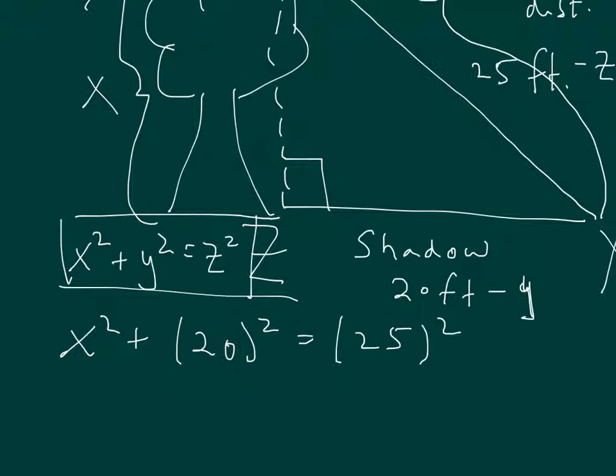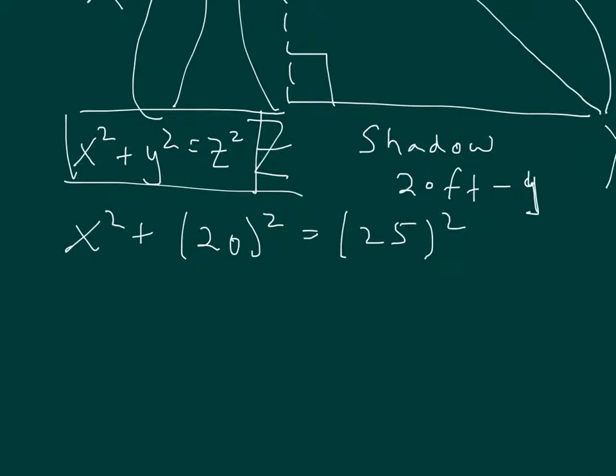So now it's a question of algebra. Let's go forward and solve here, trying to get x by itself. So we have x squared plus, if we do 20 times 20, that would be 400, is equal to 25 times 25, which would give us 625.